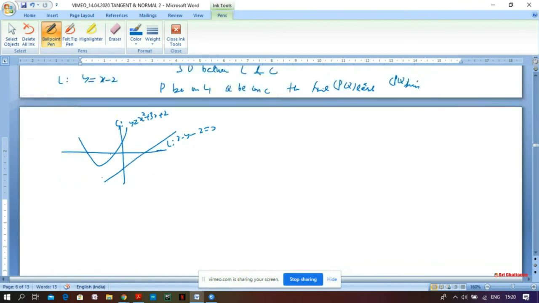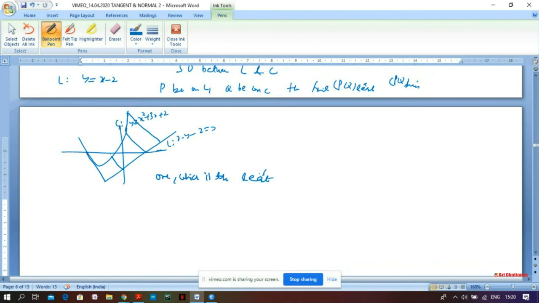I want to find the shortest distance. You see, if you go far off, this distance, this distance, this distance. Among all these distances, I want the one which is the least among all distances. I want the least distance.